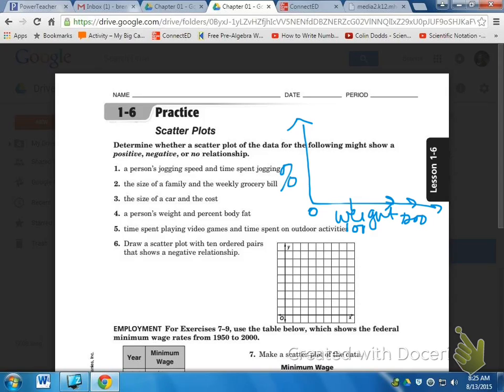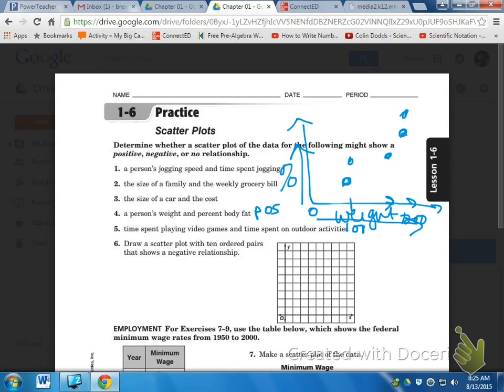As their weight gets larger, their percent of body fat would probably go up. Absolutely. For the normal person, it might be here or here, and then when it's 200, it might be way up here. In general, as a person's weight increases, their percent of body fat increases, so therefore this would be positive.